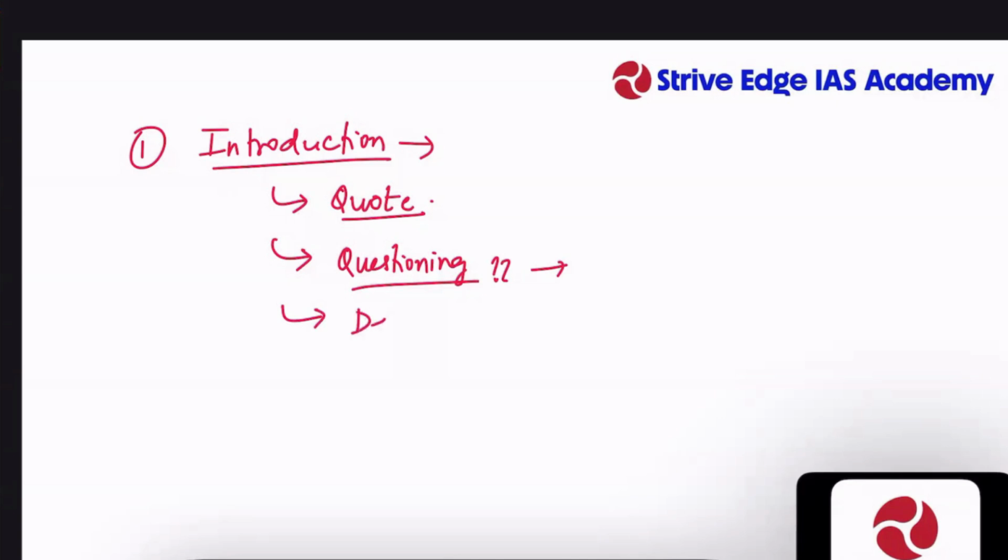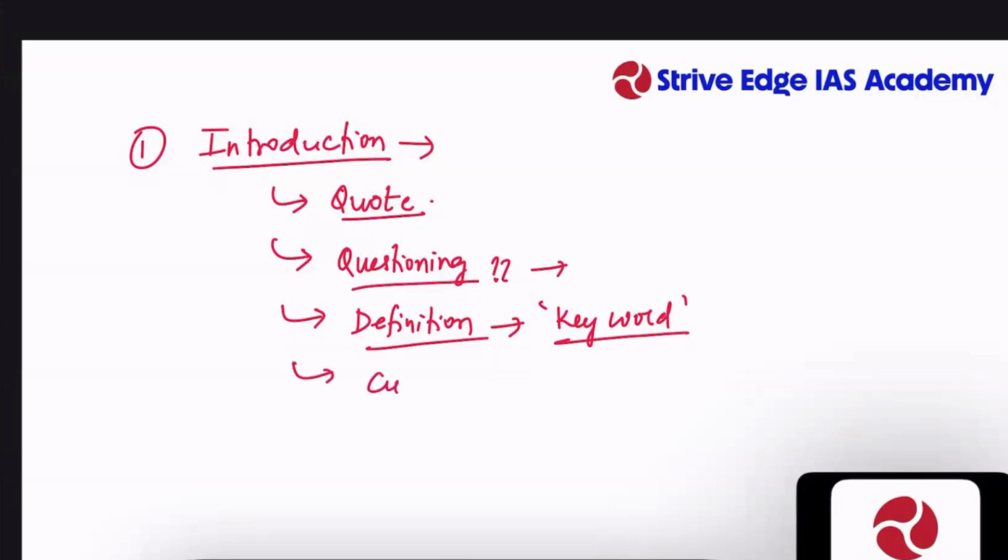And next one, definition. When you go for a definition, you take any keyword from the essay theme and you define or explain that keyword. Sometimes in questions there will be multiple definable words, and that is where it is most useful. We'll see with examples later.